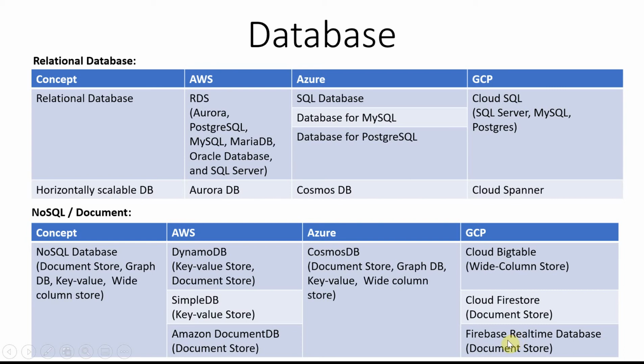Feature-wise, the keyword is real time, so the latency is so low that you can store the records very fast in this DB, which will be suitable for high load application requirements. So Firebase DB is a real-time data store. That's what they claim here.